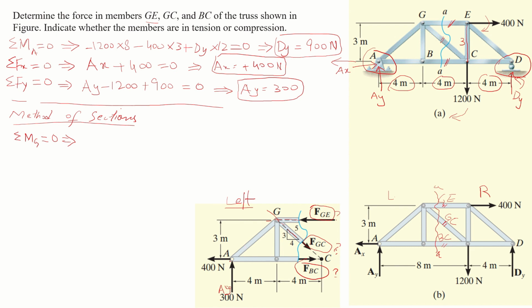This 400 Newton force has a perpendicular distance of 3 meter. You can see here this 3 meter is the perpendicular distance of this 400 Newton force, and it will rotate the truss about point G along the clockwise direction. So 400 multiplied by 3 with a negative sign.